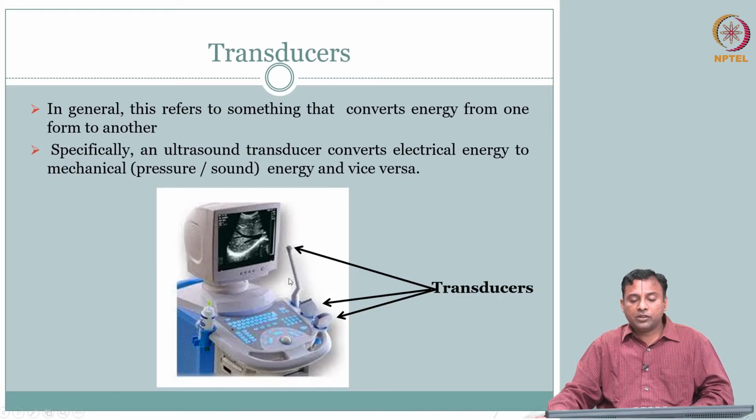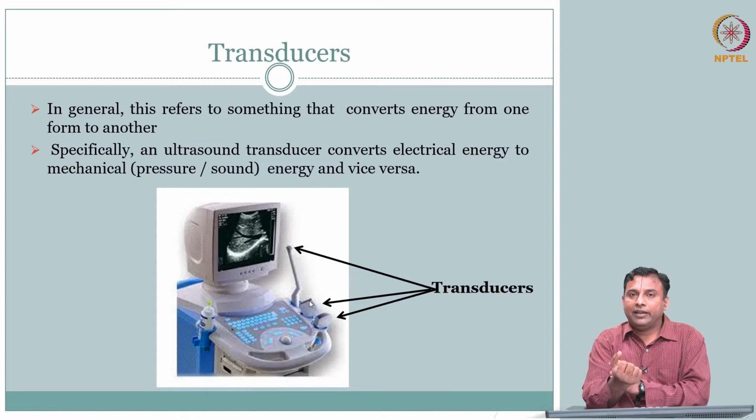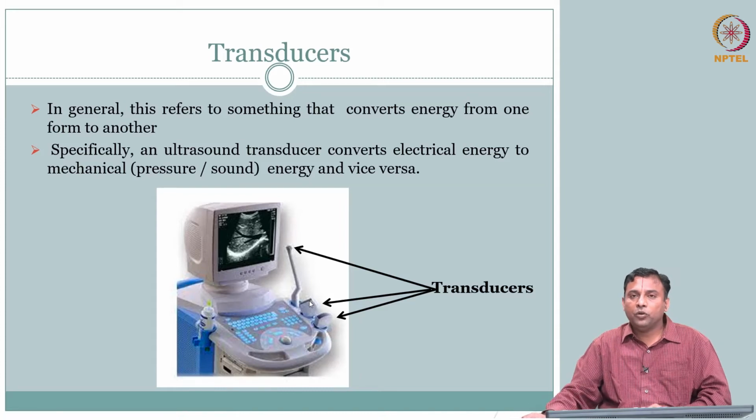You can also have some transrectal ones, where you go through an orifice and see inside. Here what you see is a linear array, for shallow organs, say breast imaging or MSK, just muscle. If you want to do that, then depth is not that much compared to your abdomen. So, you have different sizes and shapes of these transducers.